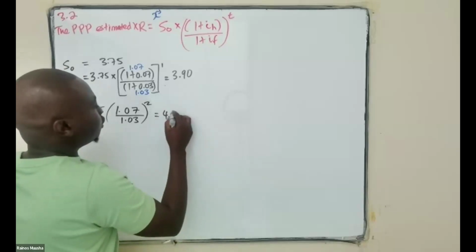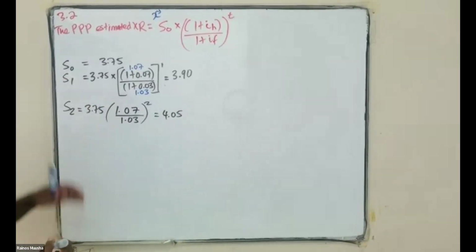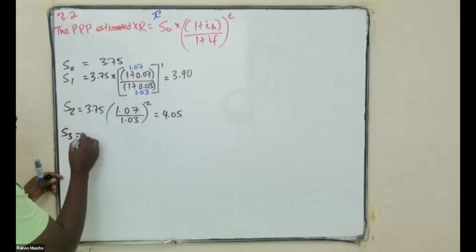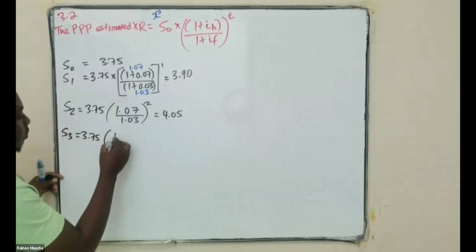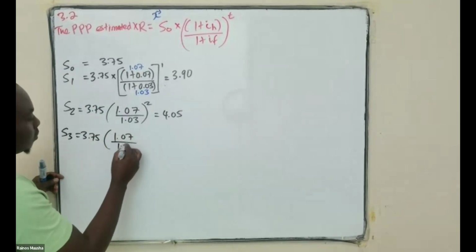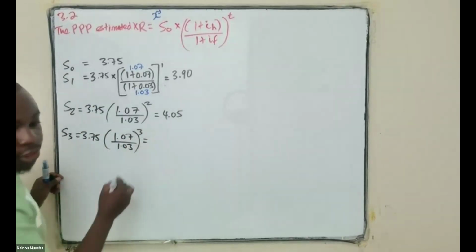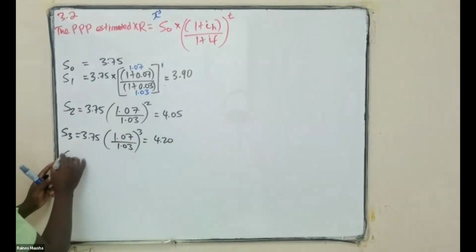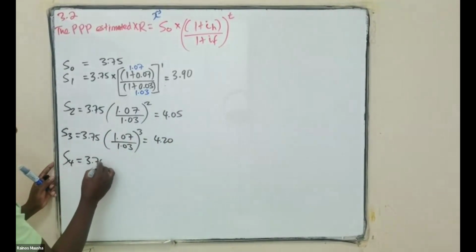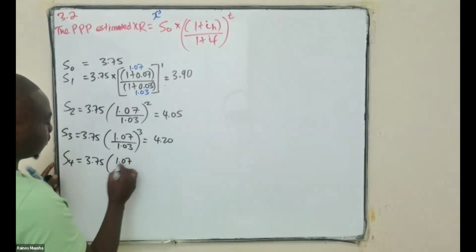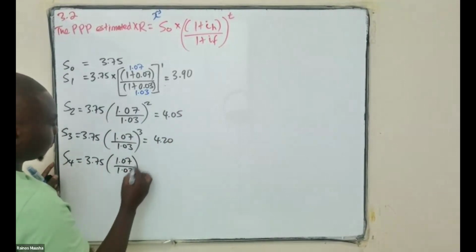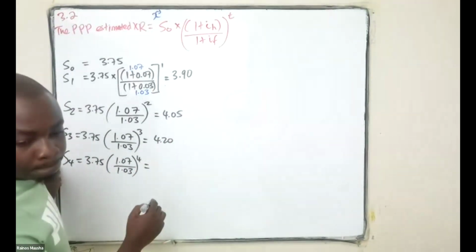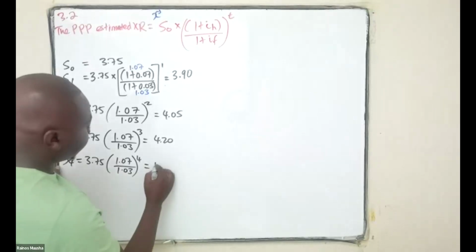So you see that if you use this method, it's easier to get the spot rates all the way up to year 5. For year 3, you should be able to get a figure of 4.20. And for year 4, you should be able to get a figure of 4.37.